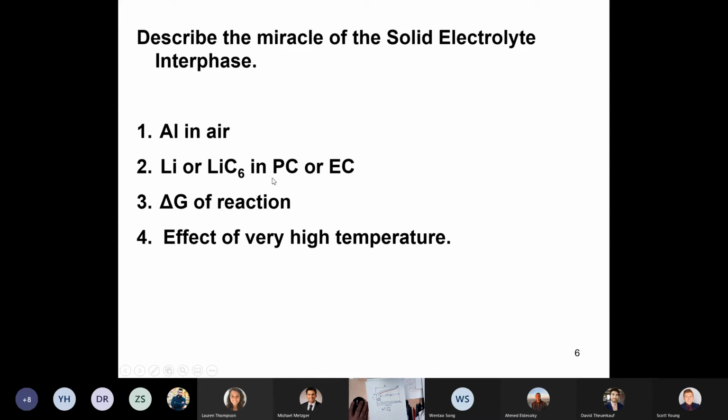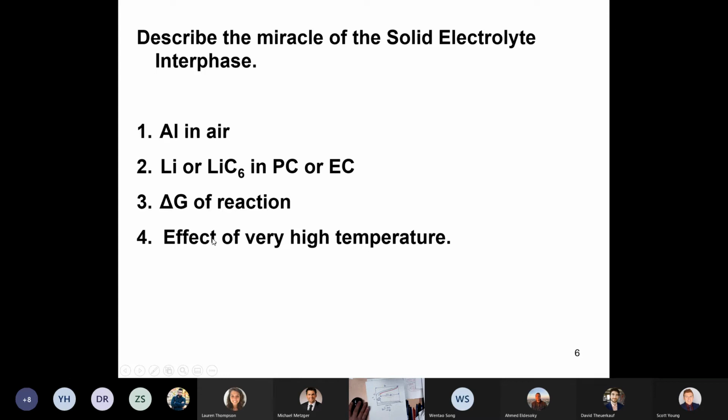And if you expose passivated lithium, that means lithium that's been in propylene carbonate and is still within propylene carbonate or ethylene carbonate or in battery electrolyte, to very high temperature, the solid electrolyte interface on these materials contains organics, and it's not thermally stable up to temperatures over 130 degrees C or so.